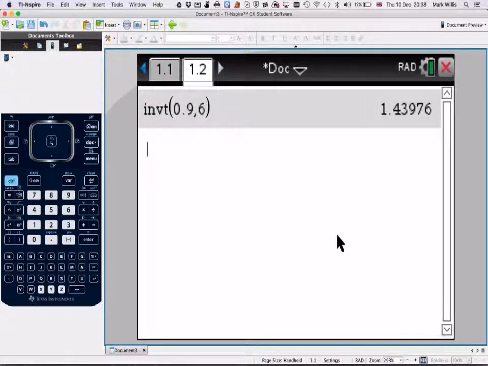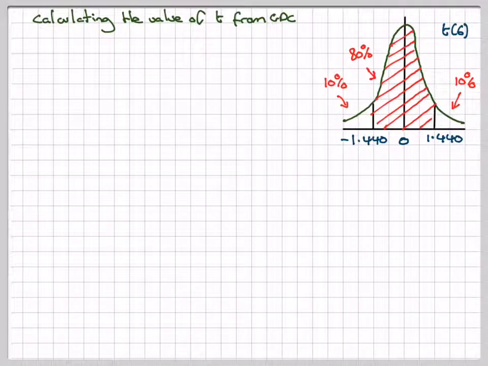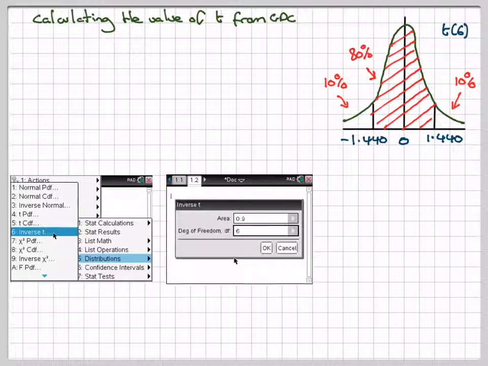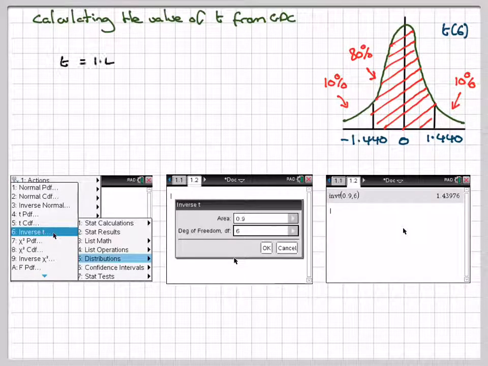Press OK, and then you can see here we get an answer of 1.439. If we round that off, we're going to get 1.440. So t will be equal to 1.440. Although this part is not essential in an exam question.